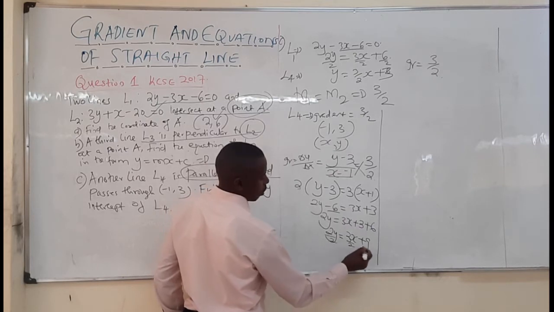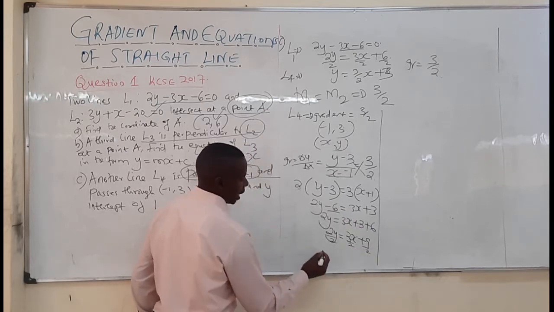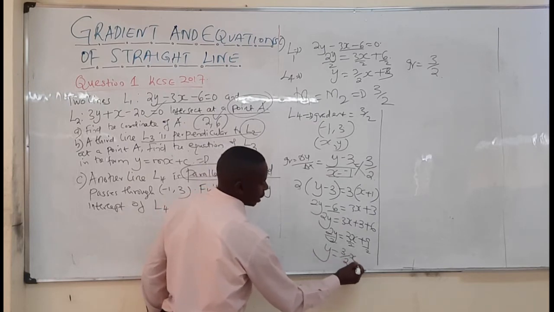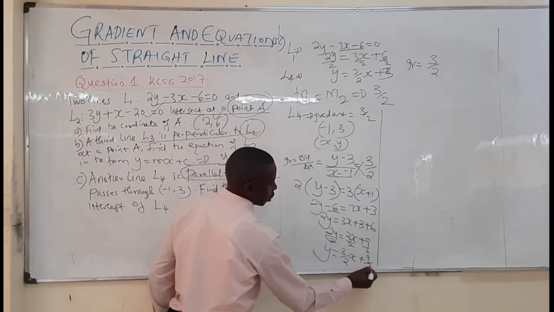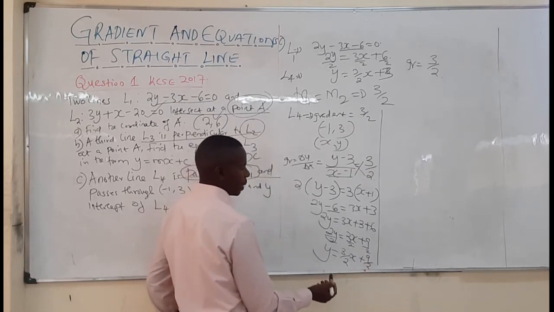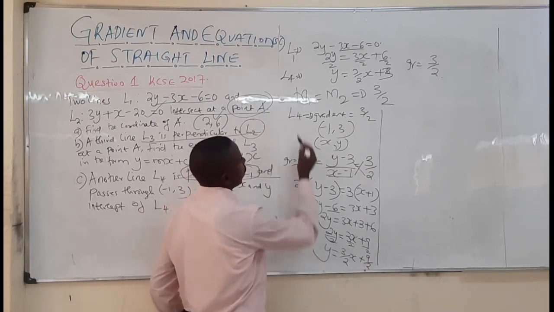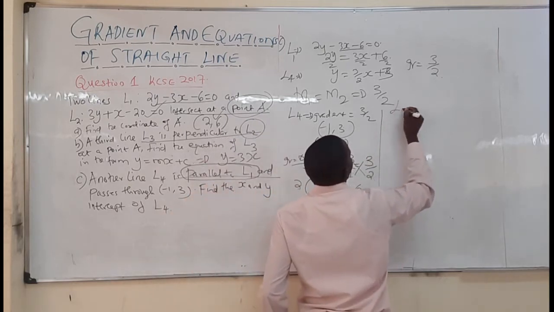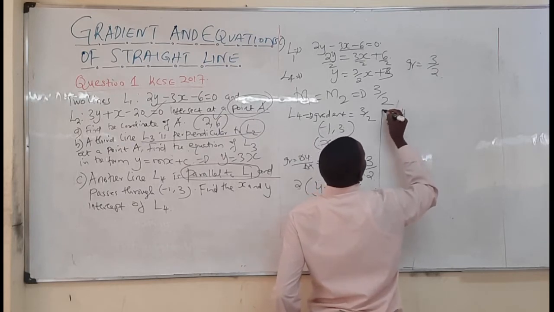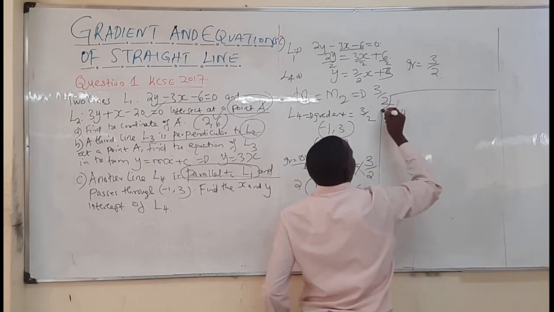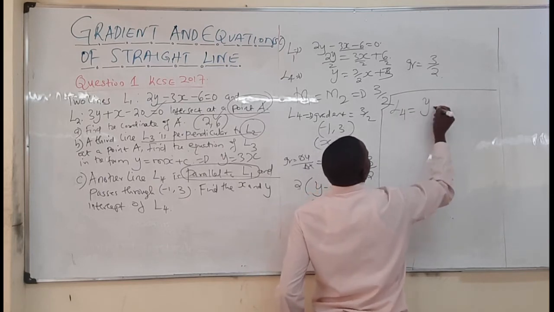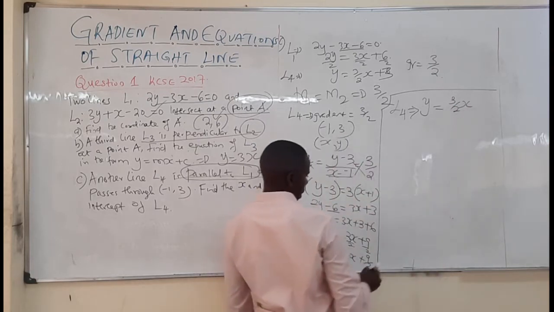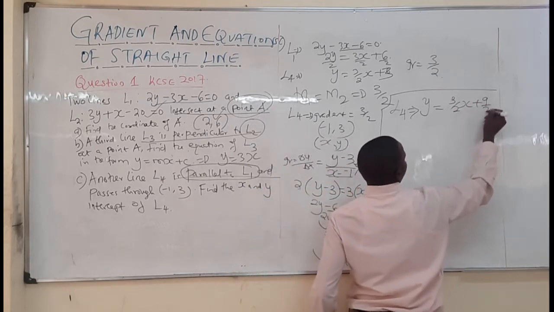To write it in the form y equals mx plus c, y will be equal to 3 over 2 x plus 9 over 2. So this is our equation of line 4 in the form y equals mx plus c: y is equal to 3 over 2 x plus 9 over 2.